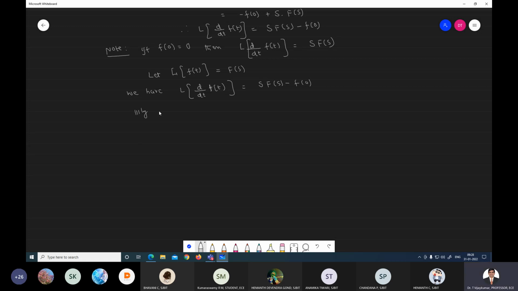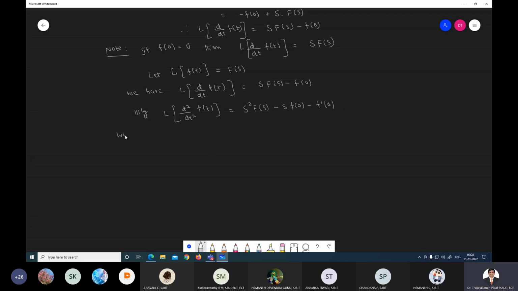Similarly, Laplace of the second derivative, d square by dt square of f of t, is equal to s square F of s minus s into f of 0 minus f dash 0.